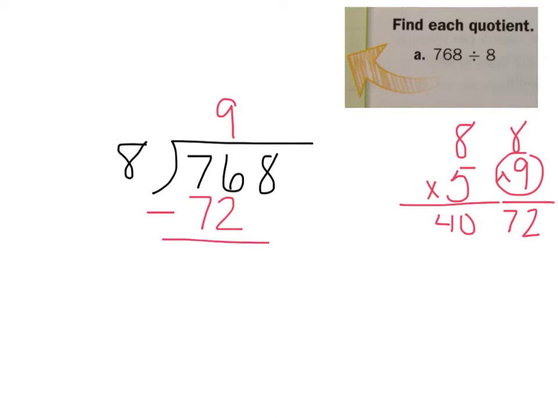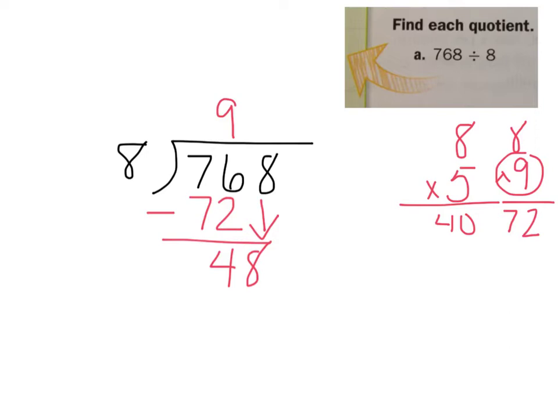Now, 9 times 8 equals 72. I put that under 76 and I subtract. 6 minus 2 is 4. 7 minus 7 is 0. My next step is to bring down the number 8. Now I'm thinking to myself, how many times can 8 go into 48? Over here in my mental math area, I find that 8 times 5 is 40.